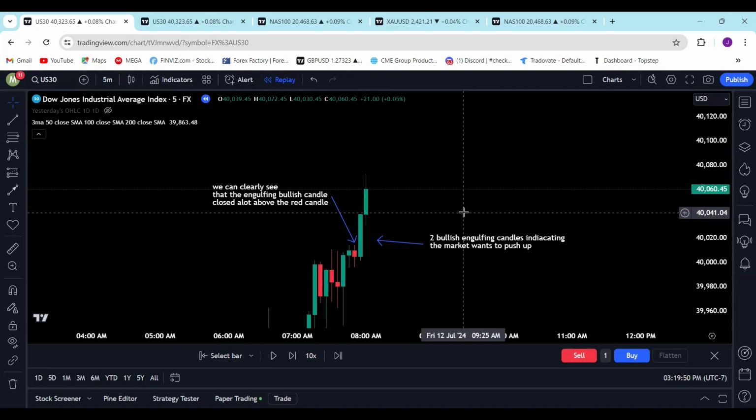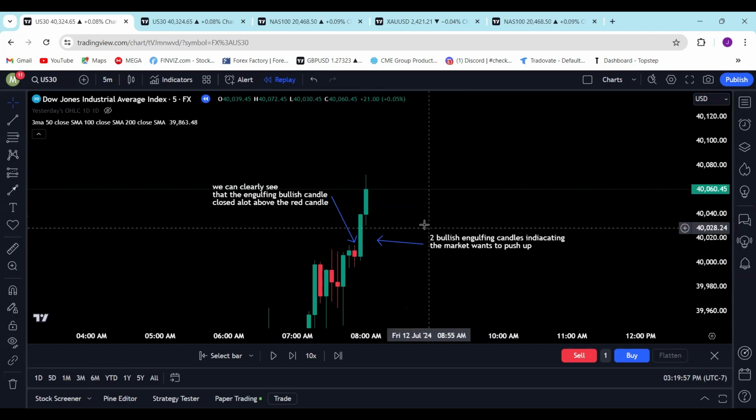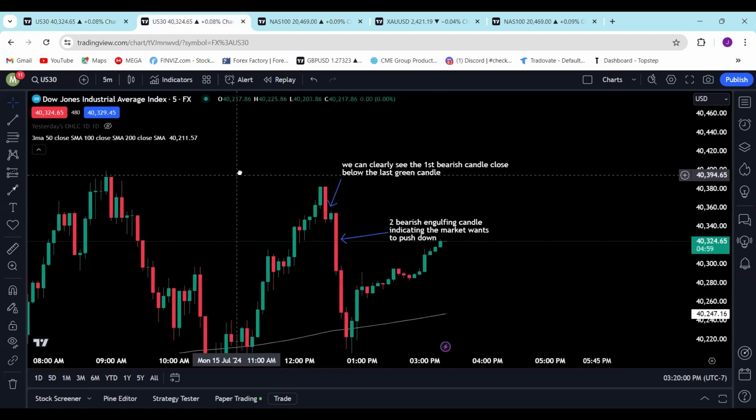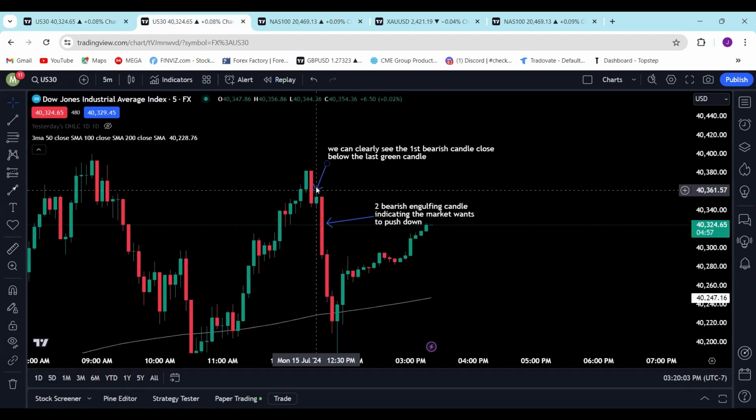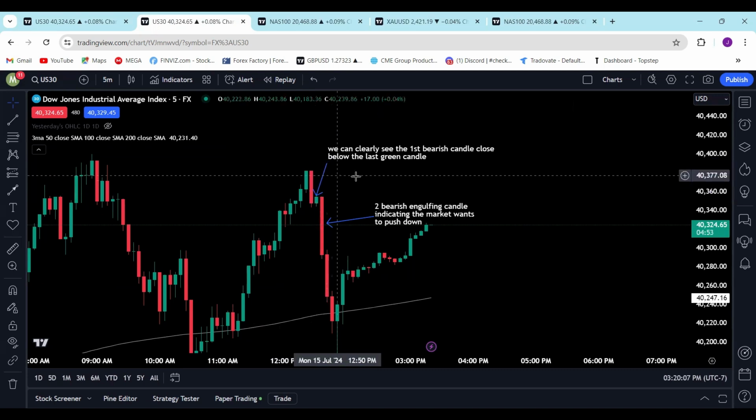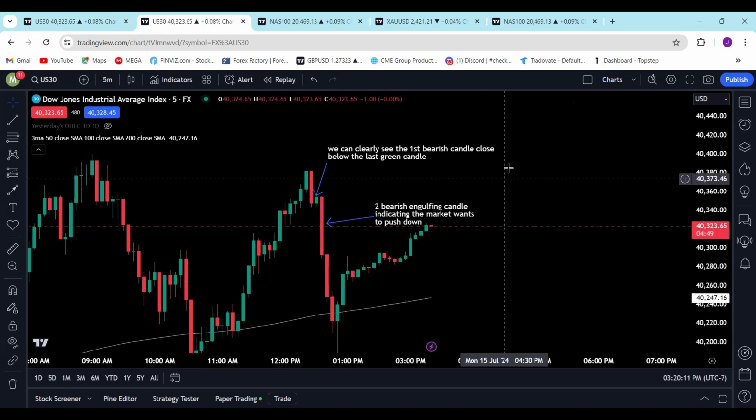Okay, so that was point one, guys. Went over point two. Let's go over point three. Point three is, what does an engulfing bearish candle look like, right? The same thing as an engulfing bullish candle is just the opposite, right? Because we're selling instead of buying. Like I said in the first video, bullish means buyers, bearish means sellers.